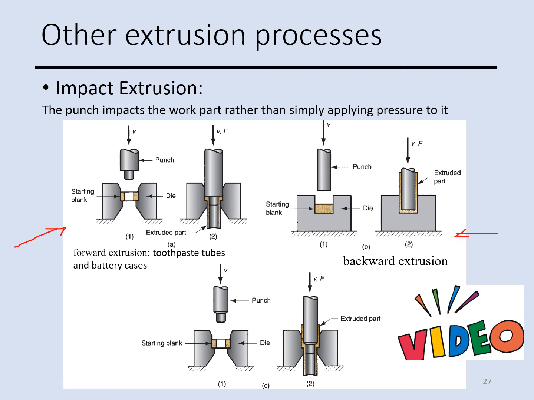Impact extrusion is normally performed at higher speed and shorter stroke, compared with the conventional extrusion process, and it is used to make individual or discrete components. It is usually done at a low temperature, as a cold extrusion process, and it can be done on a variety of materials.